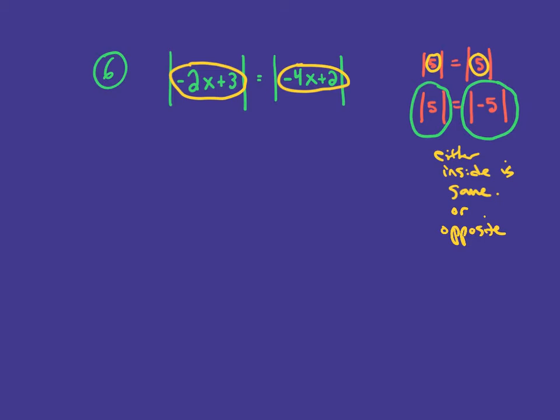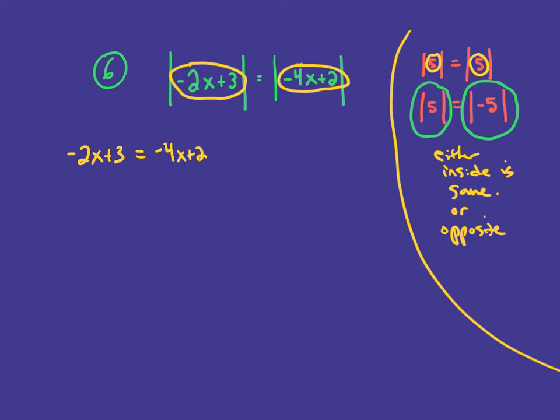So when we work this particular problem out, and I'll separate this out, it means that negative 2x plus 3, the thing inside the first absolute value, is equal to negative 4x plus 2, the thing in the other absolute value.